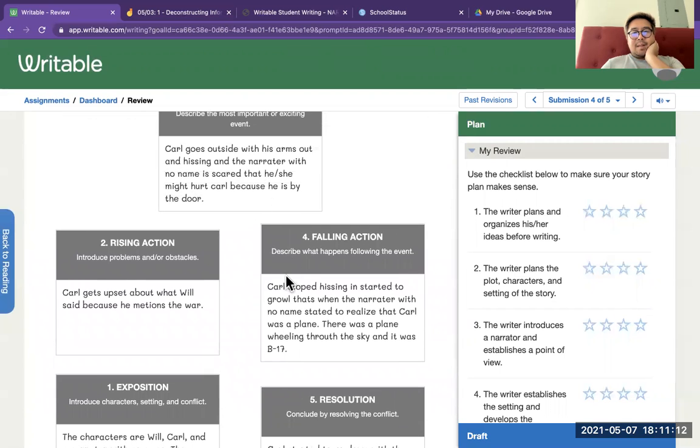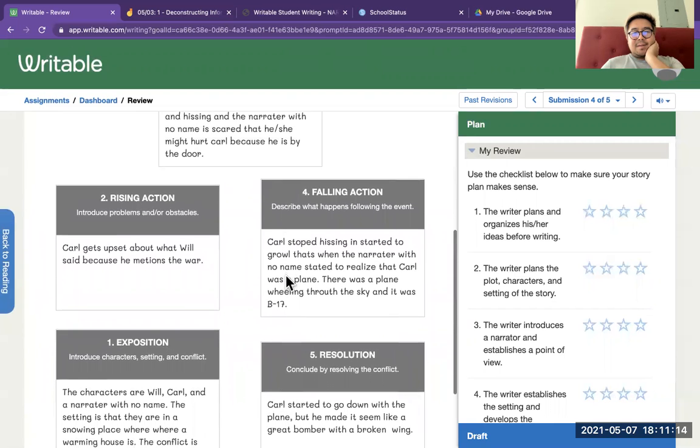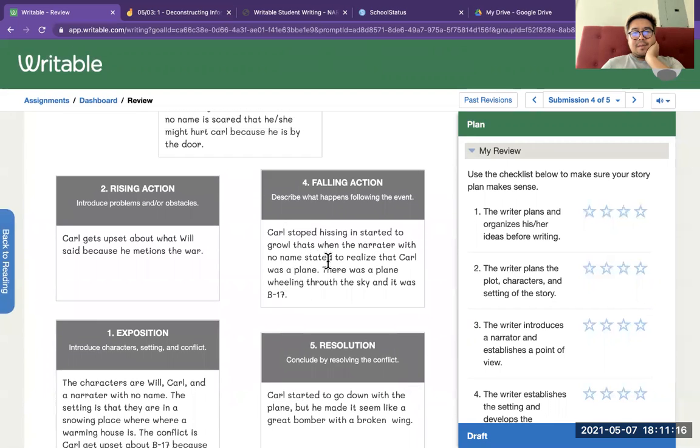I'm looking at the events. Okay, good. Narrator with no name. Okay, so you need mystery writer to tell me. It doesn't have to be here, but I need to know when you do write this draft that you know what it meant that when the original narrator said that Carl was a plane.